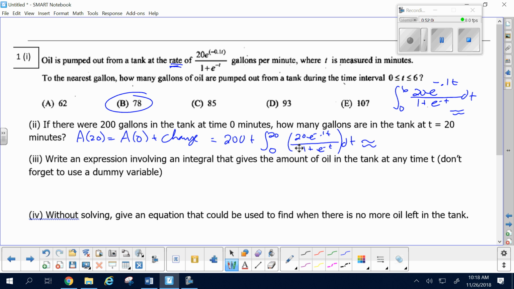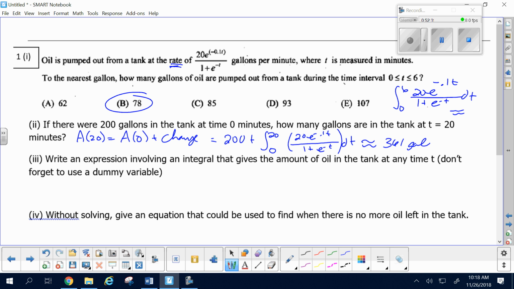So I'm getting something like, what do you get here? Let's keep rounding to the nearest gallon, shall we? 361? I agree, 361 gallons. Normally you would give 3 decimals, but let's just be consistent and keep rounding.